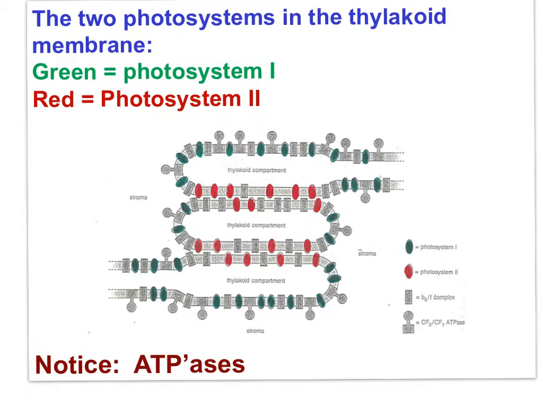And the electron transport systems pump hydrogen ions into the lumen, resulting in the accumulation of hydrogen ions within the lumen of the thylakoids. The photolysis of water also occurs in the lumen of the thylakoids. The accumulation of hydrogen ions within the lumen results in ATP production using the ATP synthases seen here.